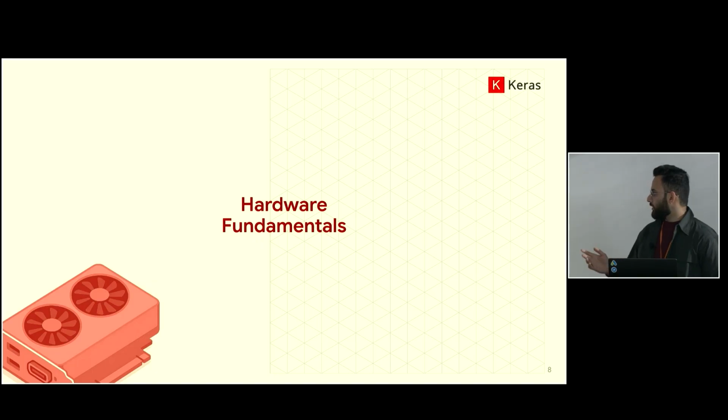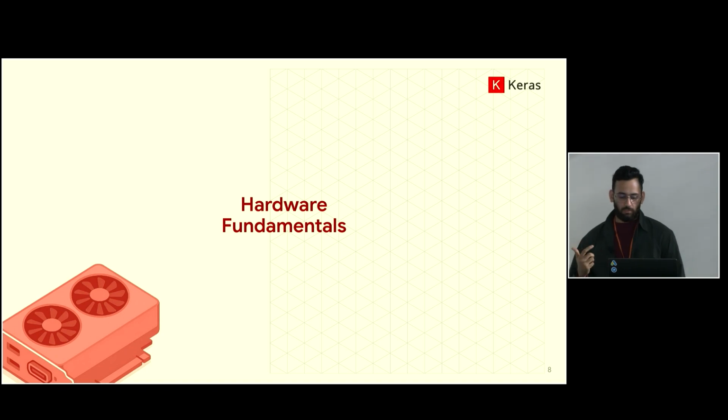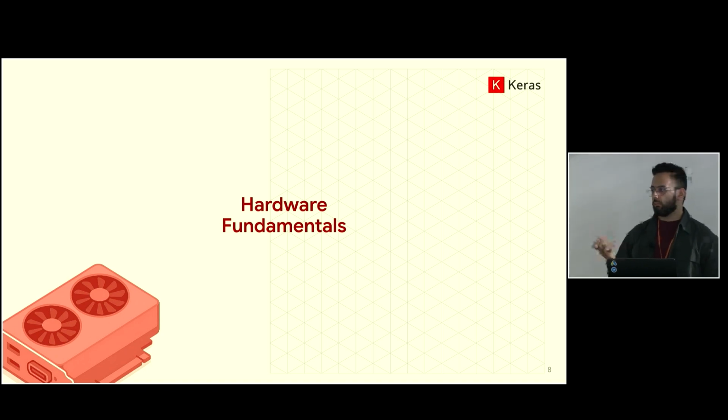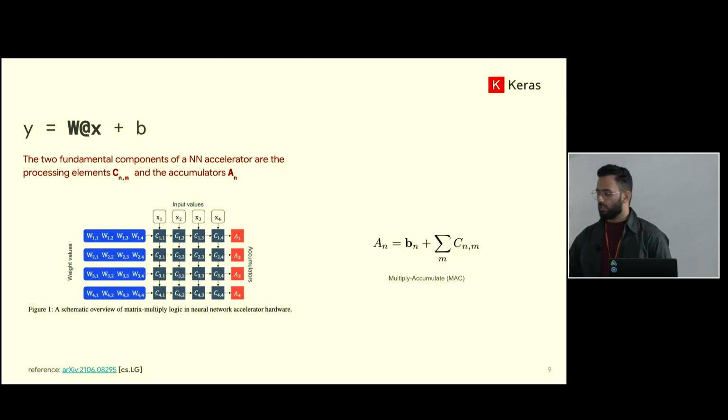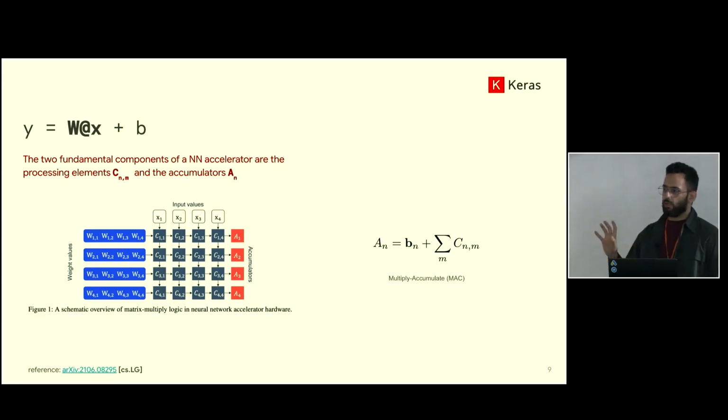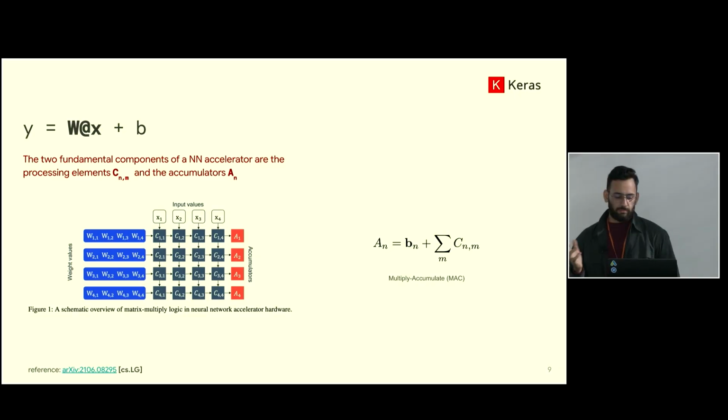So to drive this point around how quantization actually helps, I think it will be helpful if we understand how the hardware actually works and how you perform matrix multiplies and matrix operations on these neural network accelerators, right? So here I have a schematic of how a simple matrix vector multiply happens on a neural network accelerator, something like a TPU or a GPU.